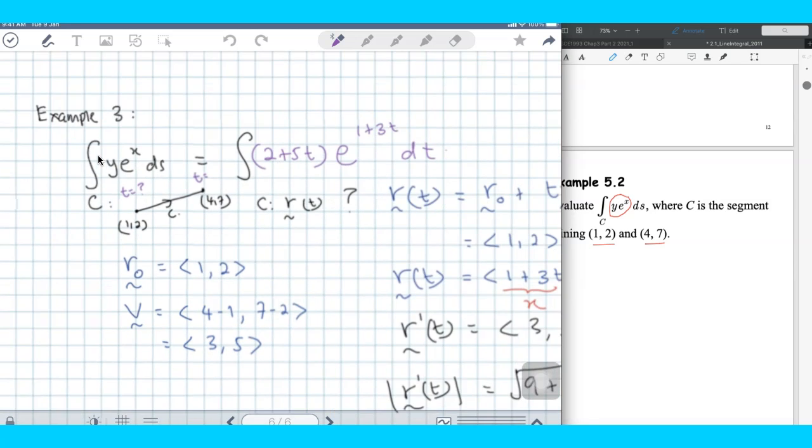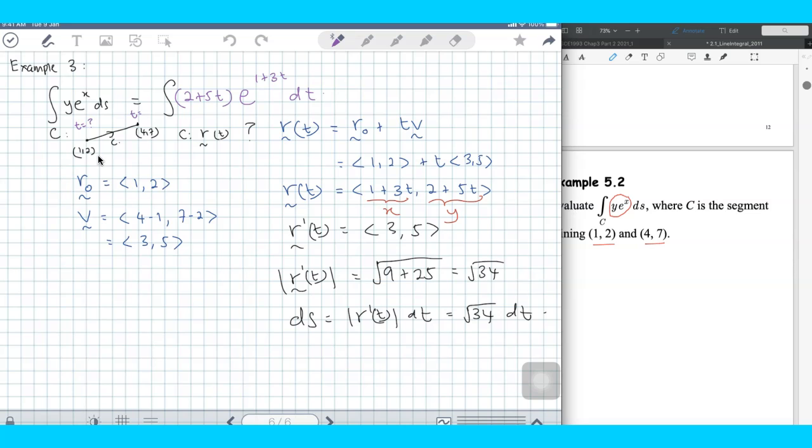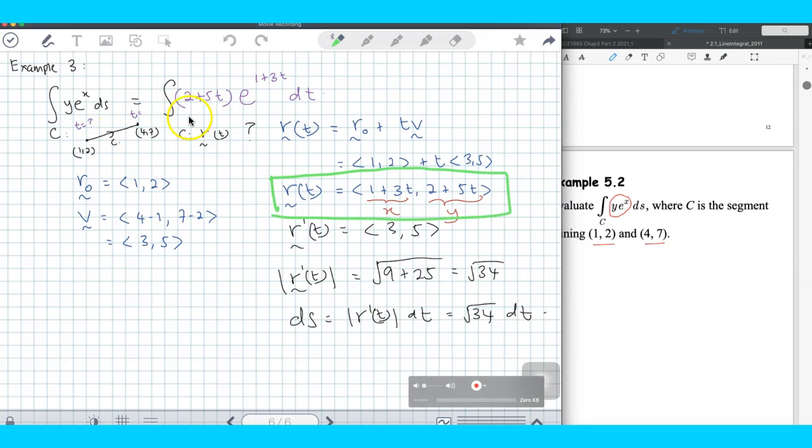Okay, so now look at your vector function here. Tell me what is the value of t so that you can have x equal to 1 and y equal to 2. Again, I repeat, what is the value of t so that your x equal to 1 and your y is equal to 2?